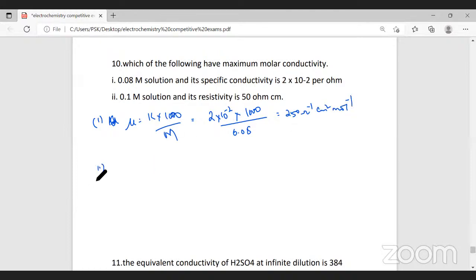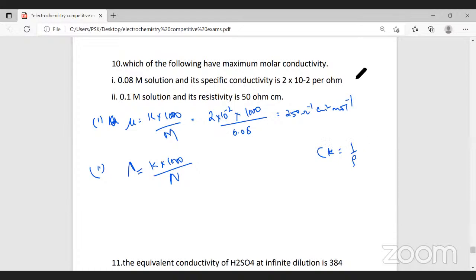In the second case, we cannot calculate directly the equivalent conductance because they have not given you the specific conductivity here. So equivalent conductance is given by the formula specific conductance into 1000 divided by normality. You should remember specific conductance is equal to 1 by rho, specific resistivity.